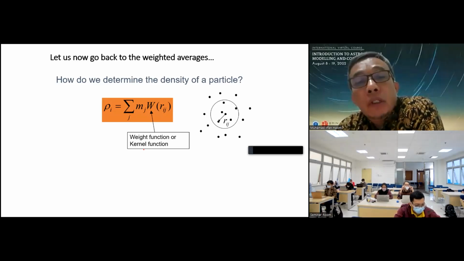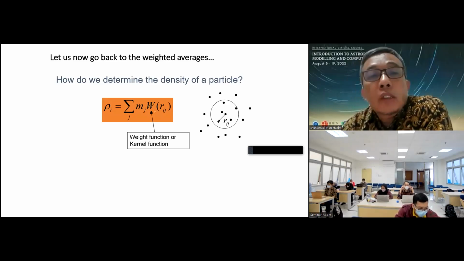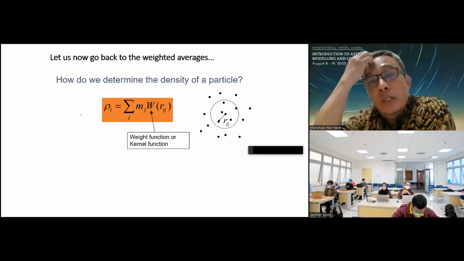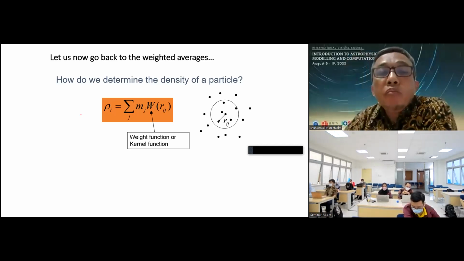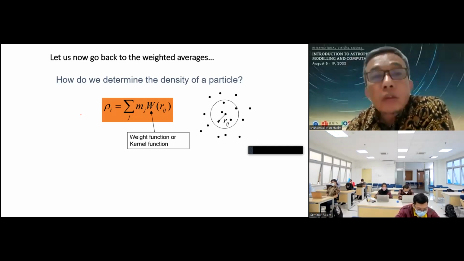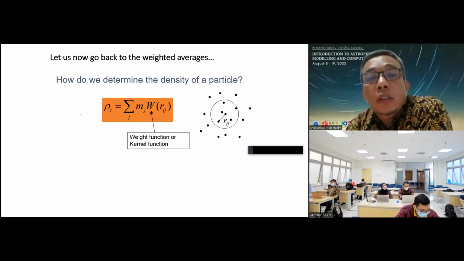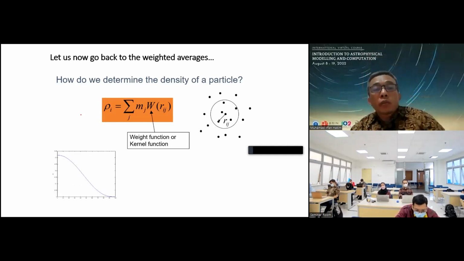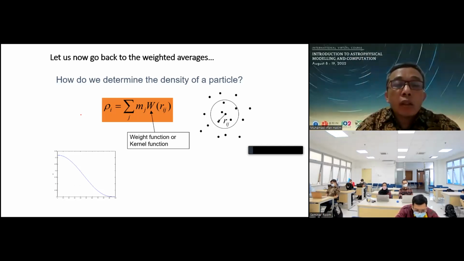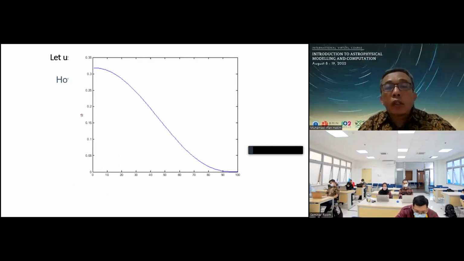We have done calculating density, mass density, using a kernel function W. And this is an example of a kernel function.